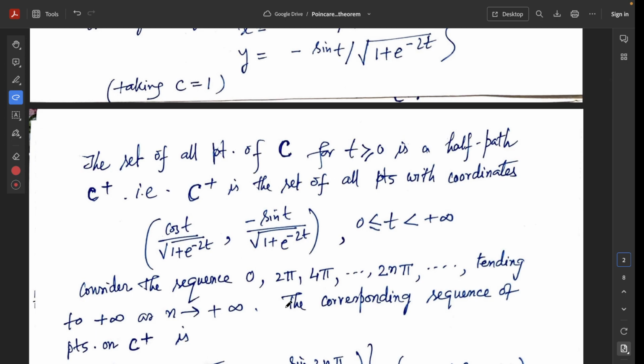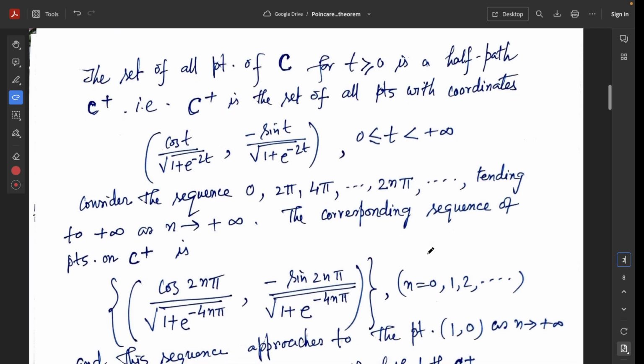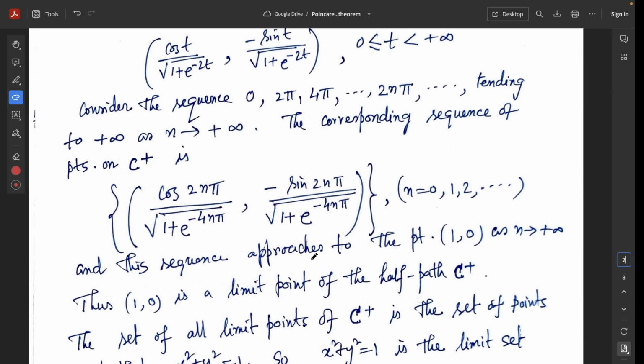And consider the sequence t equals 0, 2 pi, 4 pi, 2n pi, and so on, tending to plus infinity as n tends to infinity. The corresponding sequence of points on C plus approaches the point (1, 0) as n tends to plus infinity.